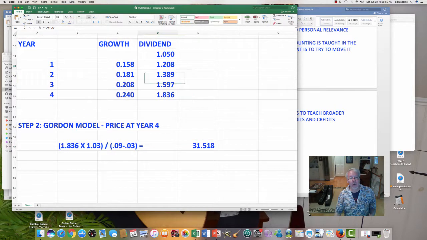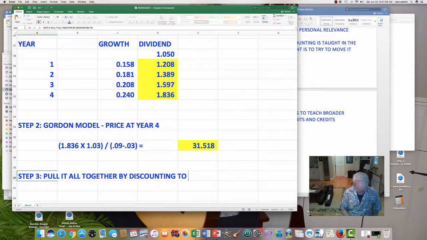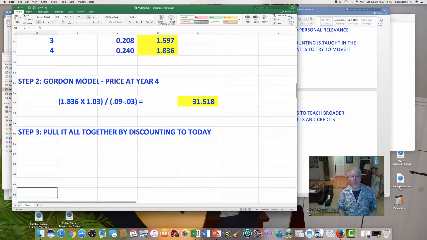Okay, so I've got all this data from step 1. I've got this piece of data from step 2. Step 3, I'm going to say pull it all together by discounting to today. Because we are trying to do what? We're trying to solve how much you should pay for a share of this stock today.